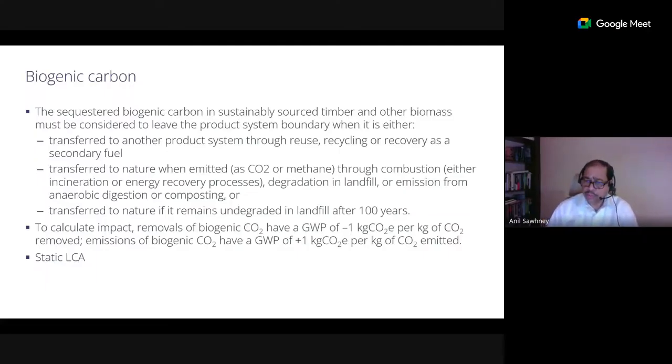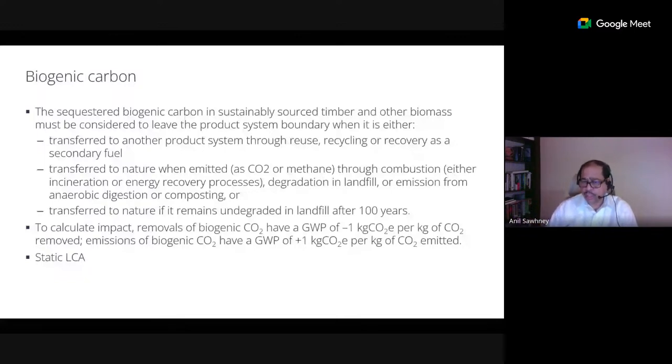So if it's transferred to nature, or if it remains undegraded in landfill after 100 years. The RICS standard uses a static LCA approach, so it doesn't consider the time value of storing the carbon. You don't get any credit for storing that sequestered carbon in, perhaps, a timber beam.